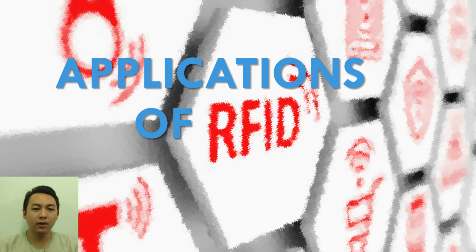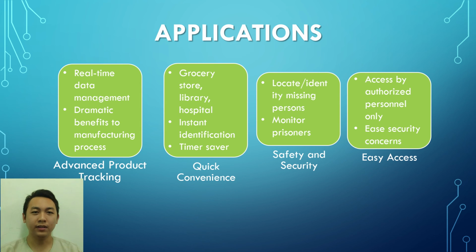The application of RFID is used in a wide range of fields, and many of them we have already discussed, such as institutions like hospitals and schools, transportation and logistics, access control, sports and animal tracking. The RFID system is also applied in advanced product tracking, quick convenience, safety and security, and easy access.